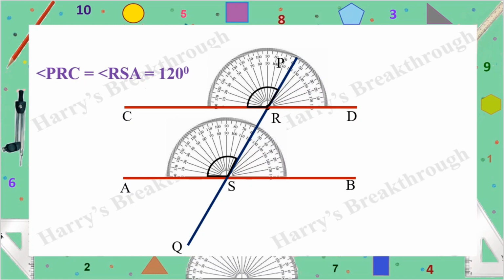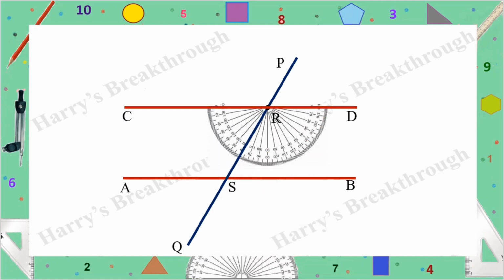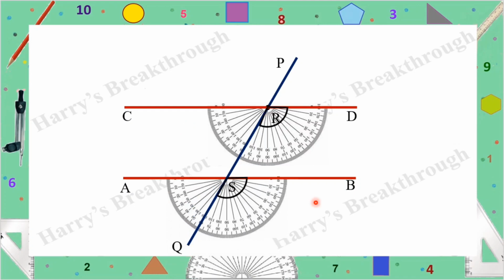Now let's check the third pair. So place your protractor like this, then measure. So you got two angles here, DRS and BSQ. These two angles are also equal, 120 degree. So angle DRS is equal to angle BSQ is equal to 120 degree.